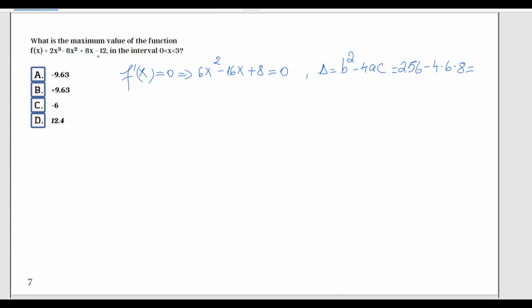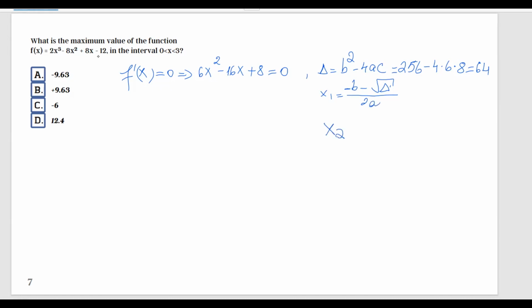And I get a determinant of 64. And now we're going to calculate x1 and x2. x1 is going to be equal to minus b minus square root of delta over 2a.